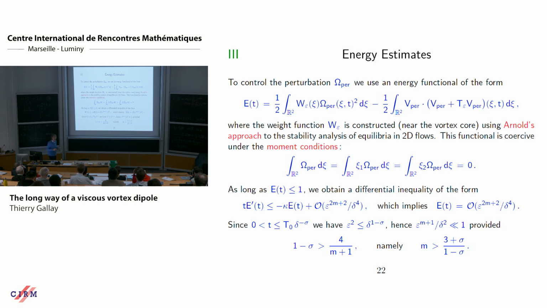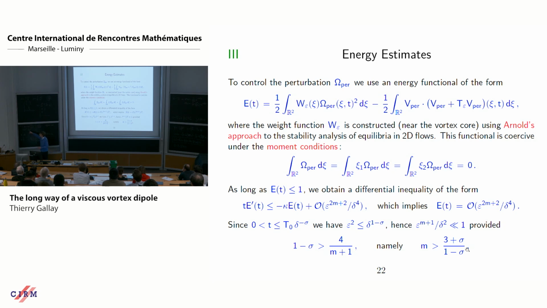So finally, I have constructed a solution which I control completely, which is close to the initial data, close to my approximation, and which is valid until this very long time interval, okay? My sigma here is a very nasty parameter because if sigma is close to 1, I have to construct an approximation of order m, where m is larger than (3 plus sigma) over (1 minus sigma).